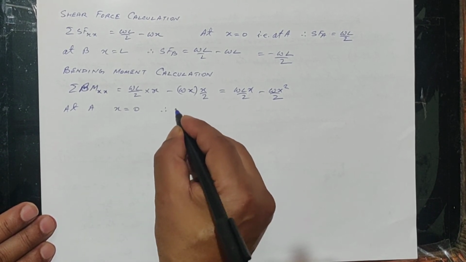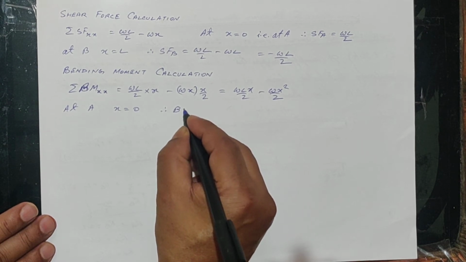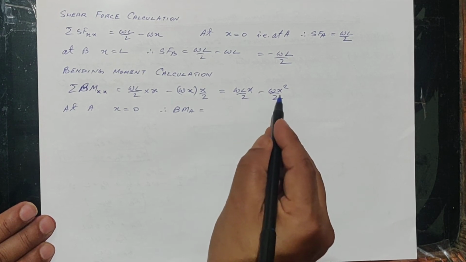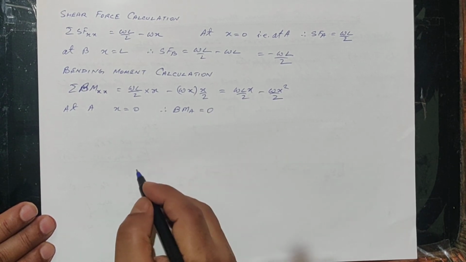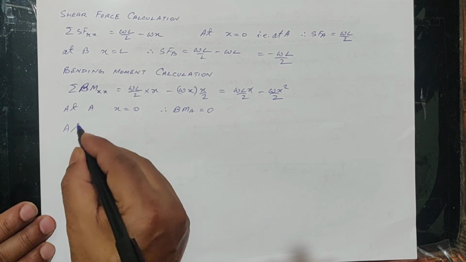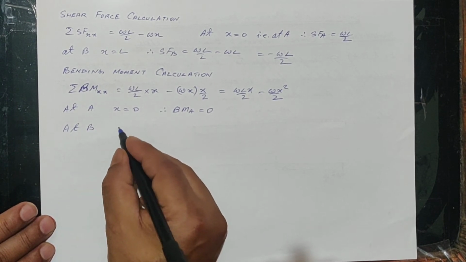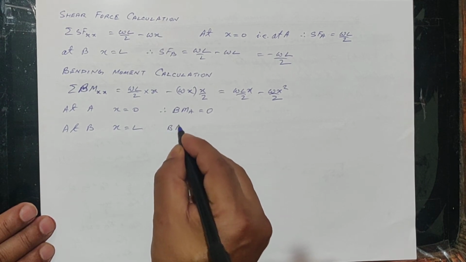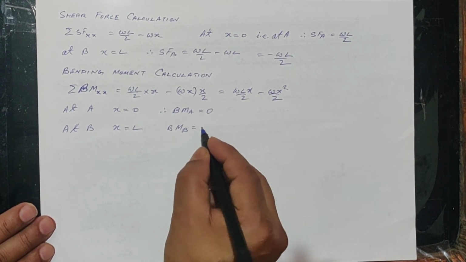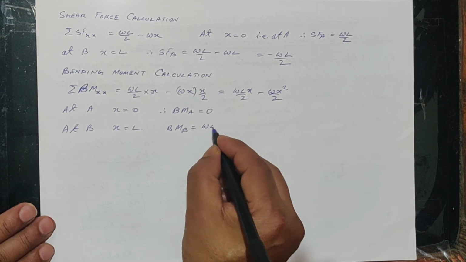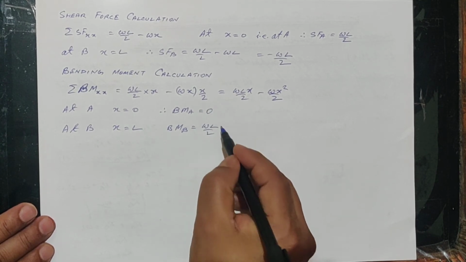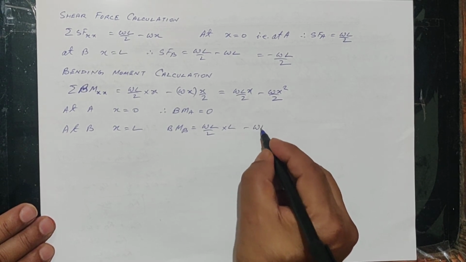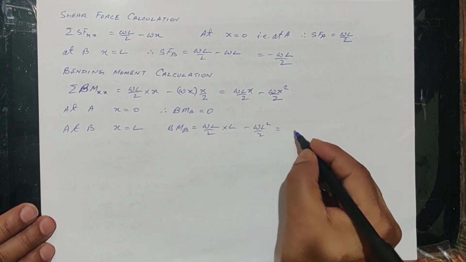So therefore BM at A is equal to 0. Now at B, X is equal to L. So BM at B will be equal to WL by 2 multiplied by L minus WL square by 2, which again comes to 0.